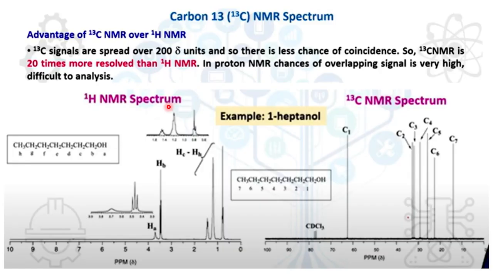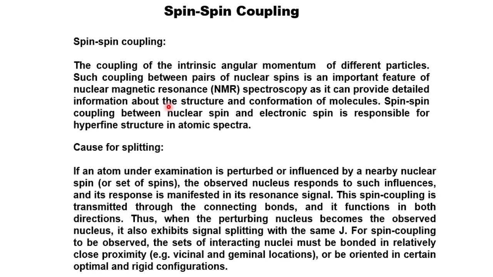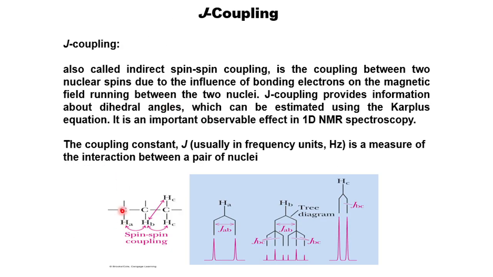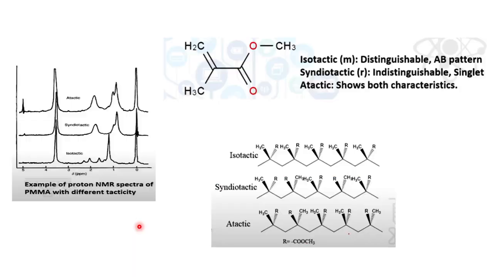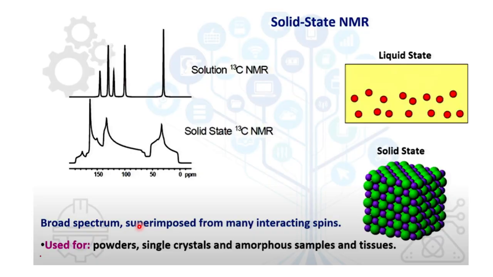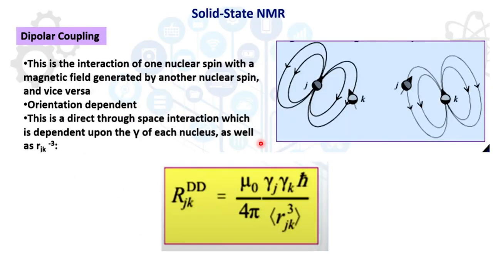Here you see that it must be directly bonded with that carbon, then only it will influence; if it is not bonded, it will not influence. So that is the difference between J coupling and dipolar coupling. Dipolar coupling is direct through-space interaction, which depends on the gamma of each nucleus as well as r_jk. This is represented by this equation.